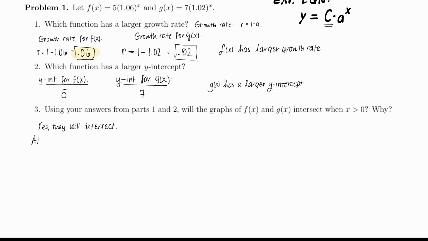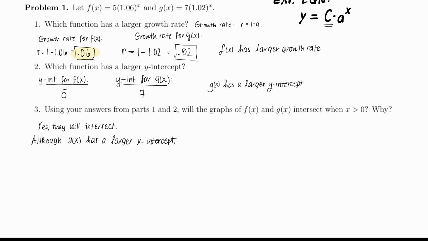Although g of x has a larger y-intercept, so it starts off bigger, it has a smaller growth rate.